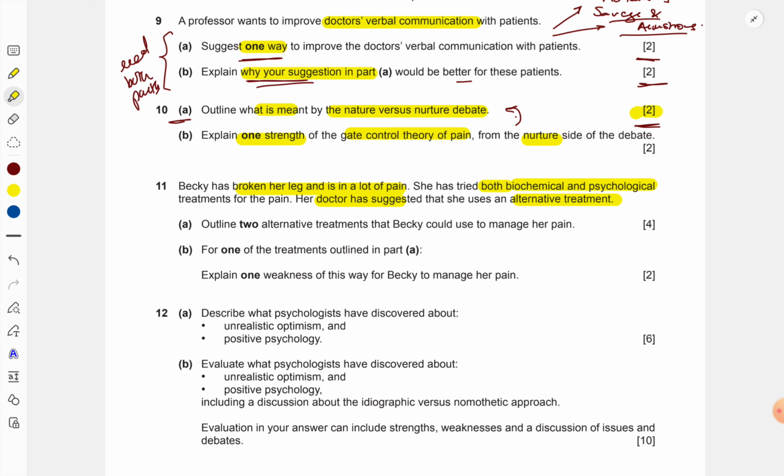Outline 2 alternative treatments that Becky could use to manage her pain. Have they asked me just in general to outline 2 alternative treatments? No. They have asked which Becky could use. Again, they are emphasizing application. Despite the question paper being so explicit about having to apply knowledge to the scenario, the most common mistake, very frequently, is that students do not relate the answers to the given context.